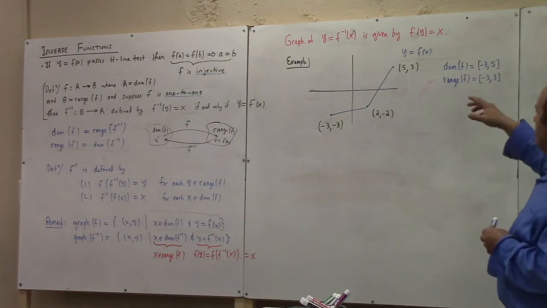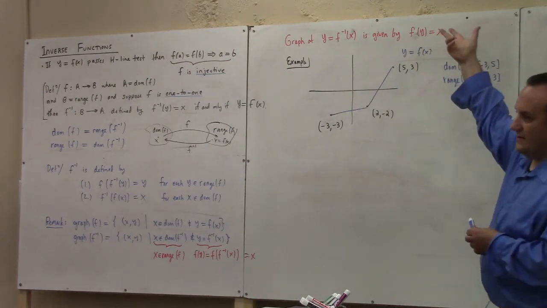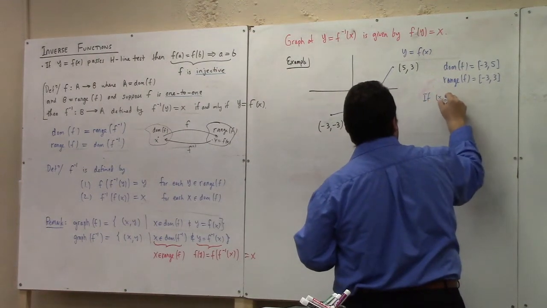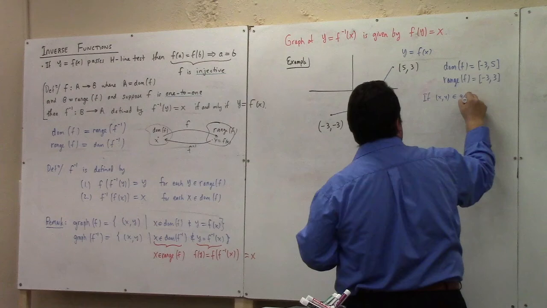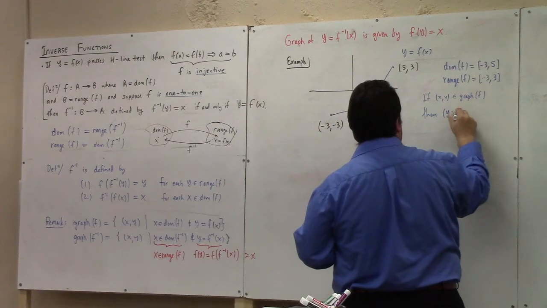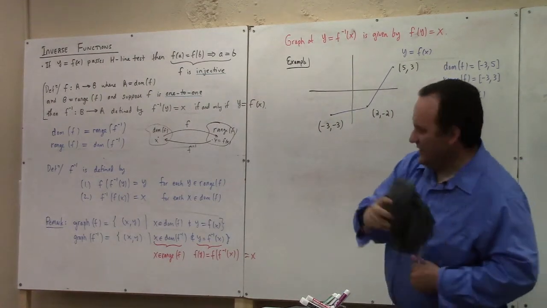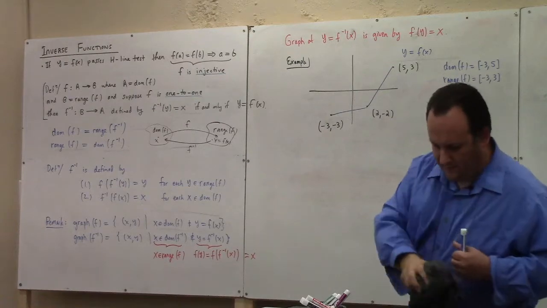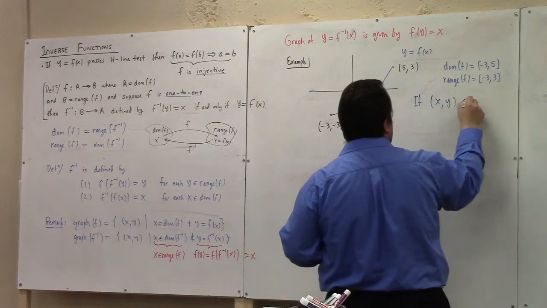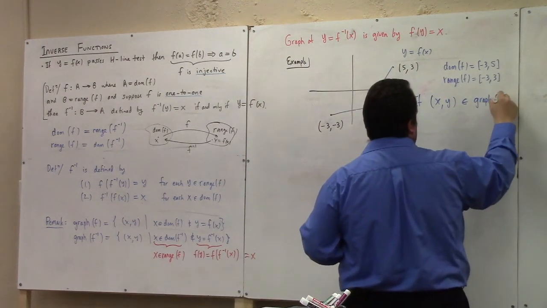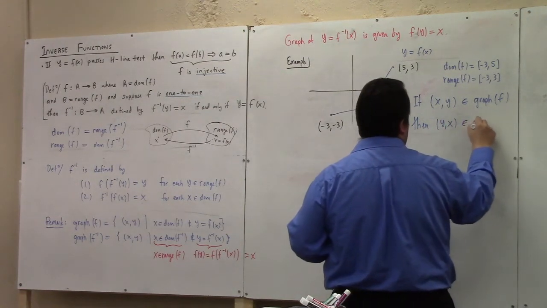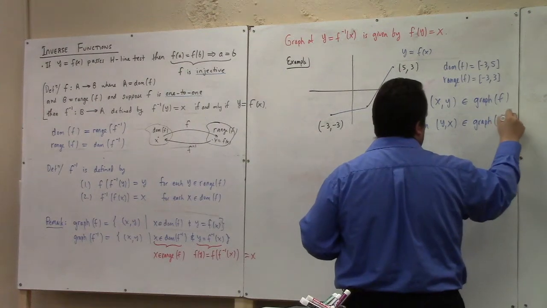All right, so let me put the red comment above. What I'm saying is that if x comma y is in the graph of f, then y comma x is in the graph of the inverse function.